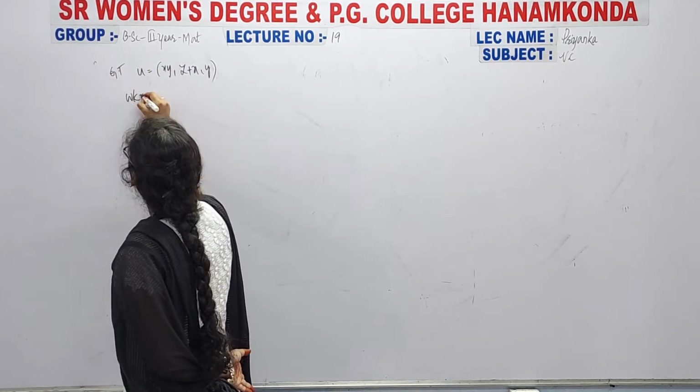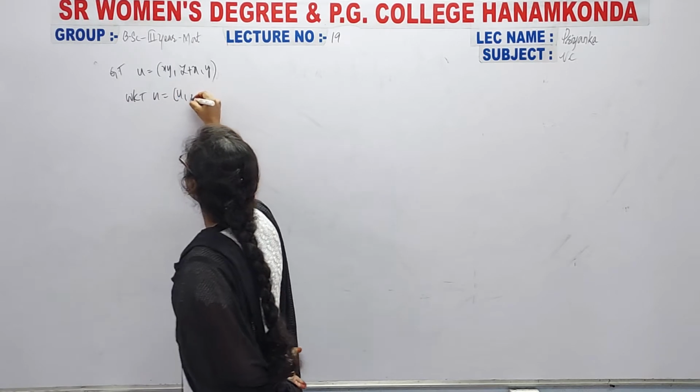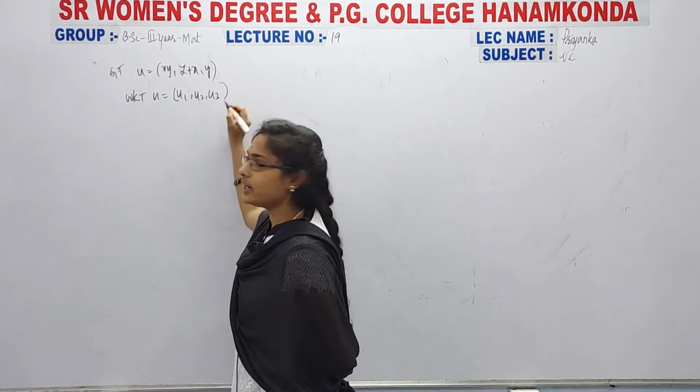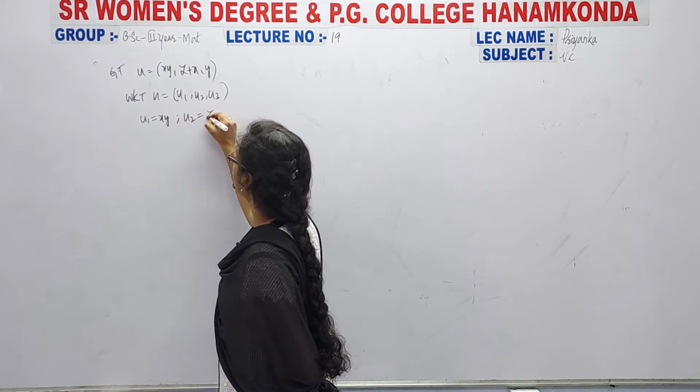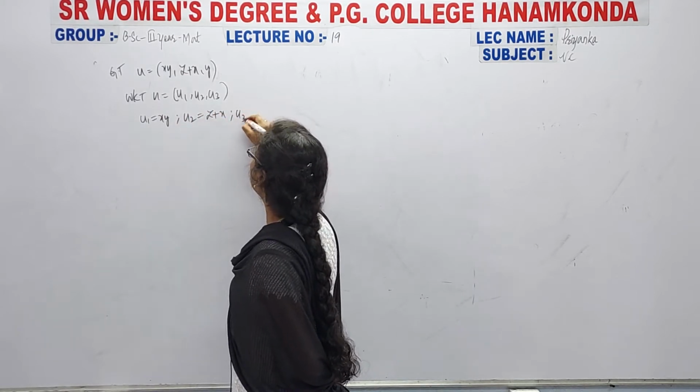We know that u is equal to (u1, u2, u3). Now u1 is xy, u2 is z plus x, u3 is equal to y.